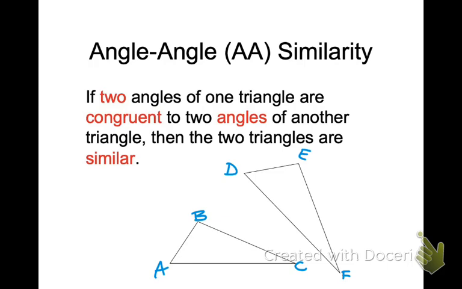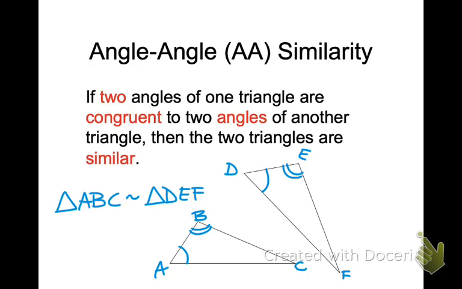So if I have two sets of congruent angles, so if A was congruent to D, put arcs in there, let's do double arcs in B and E. If I can show two sets of congruent angles, then I can say that triangle ABC is similar to triangle DEF.